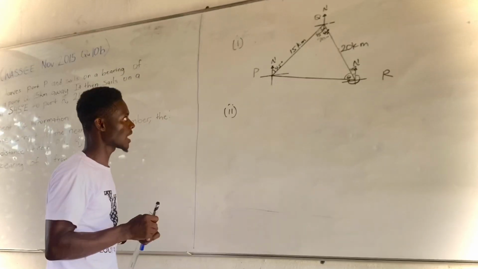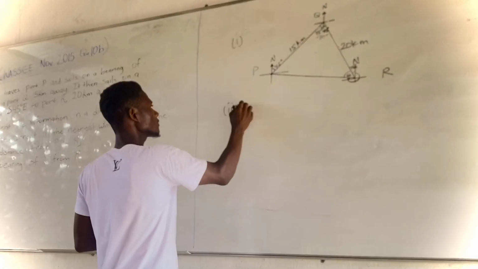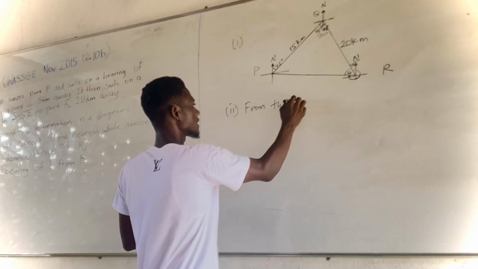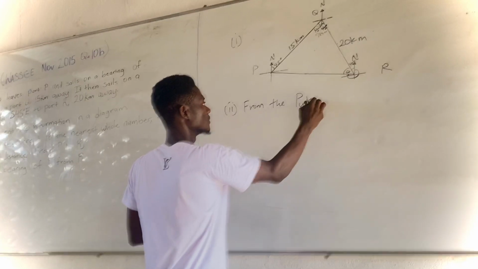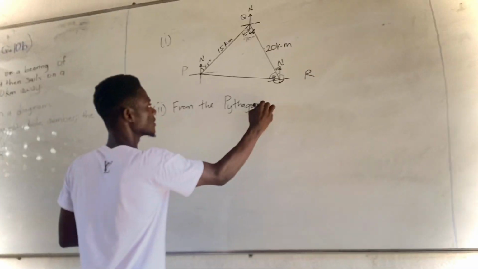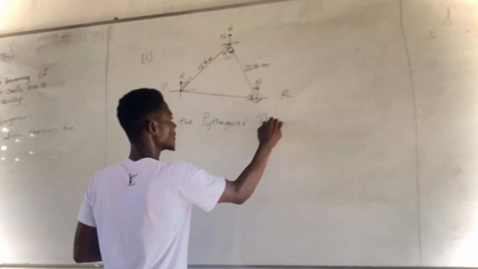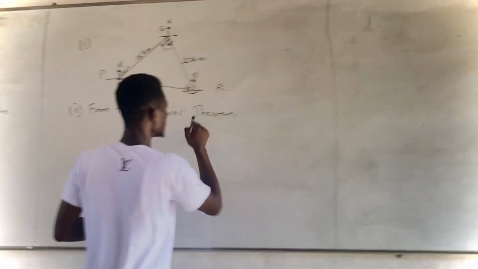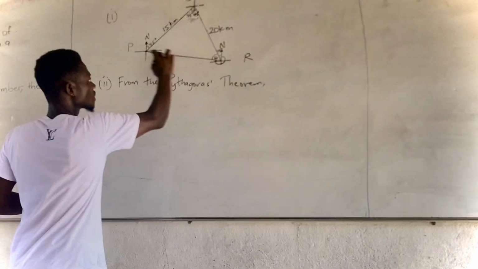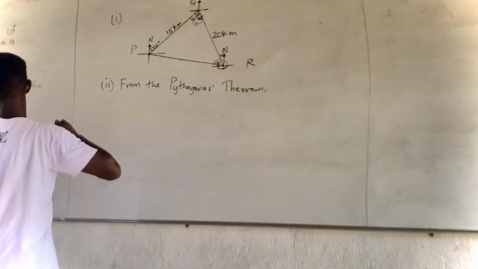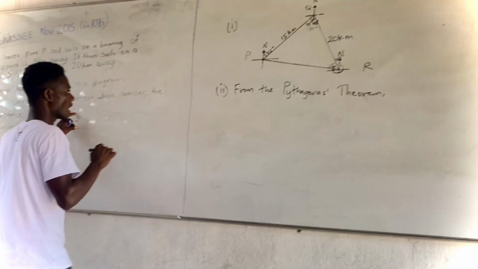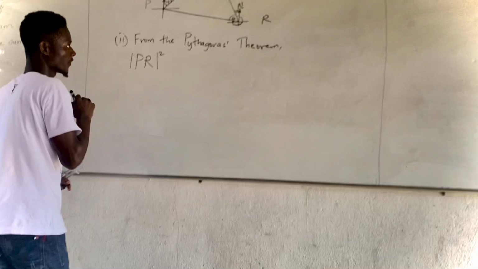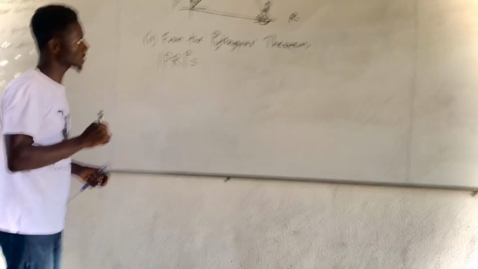So from the Pythagoras theorem, the square of the hypotenuse, in this case the distance from P to R, which is the length PR, the square of it would be equal to the sum of the squares of the other two legs.